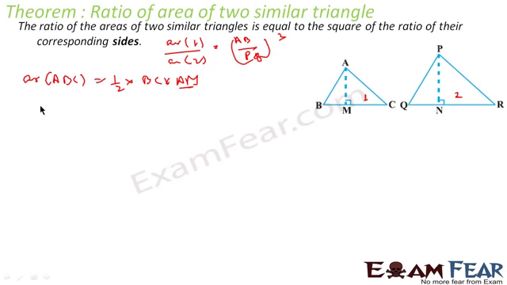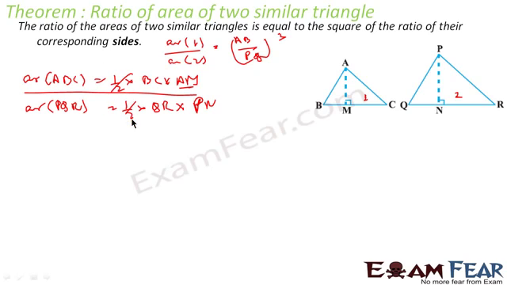So what we can do is area of triangle ABC by area of triangle PQR is equal to 1 by 2 into QR into PM. The 1 by 2 cancels. This is nothing but BC into AM by QR into PM. Correct?